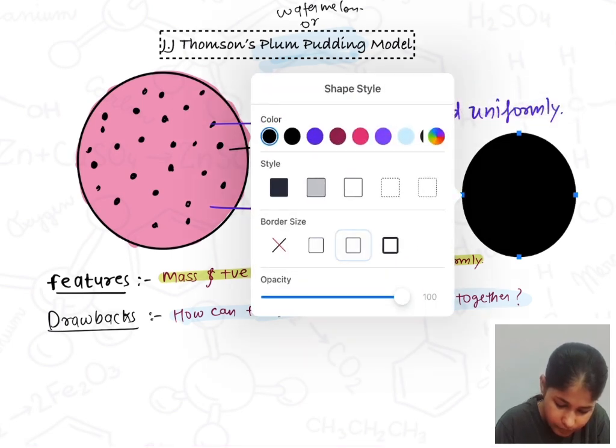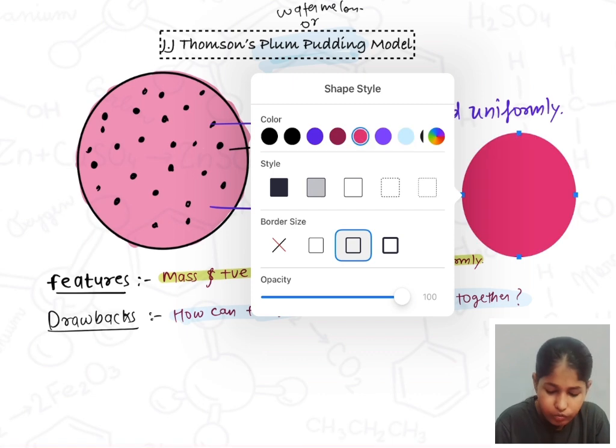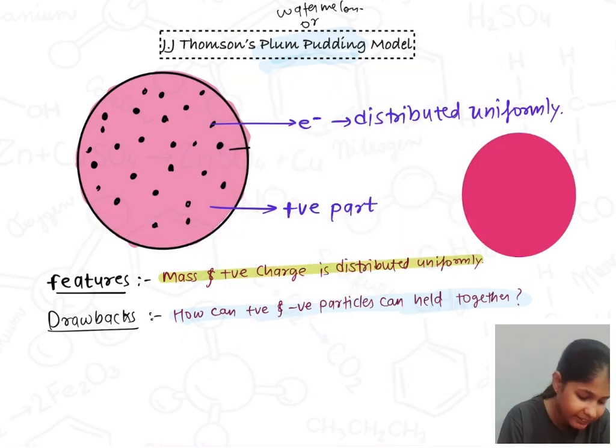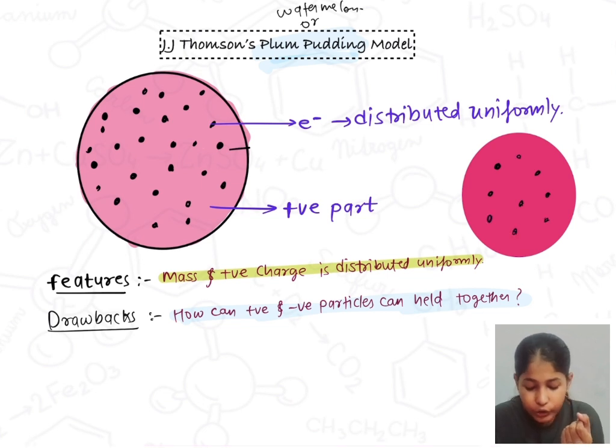what he said. Okay, wait. For plum pudding, he said that this is a cake. Assume this as our cake. Inside the cake, you can see some dry fruits and some chocolate chips uniformly distributed on this cake.